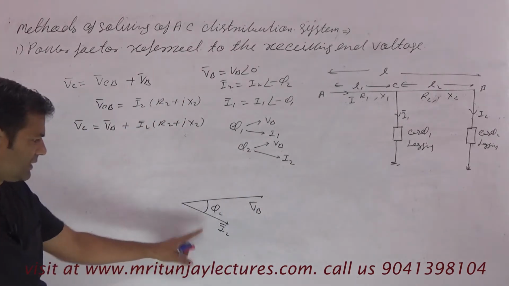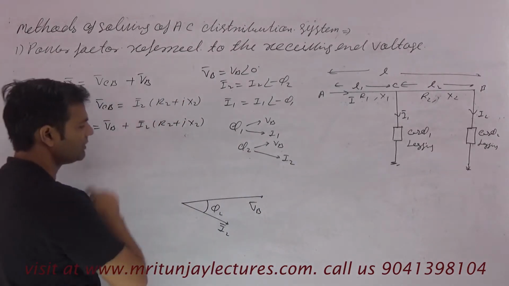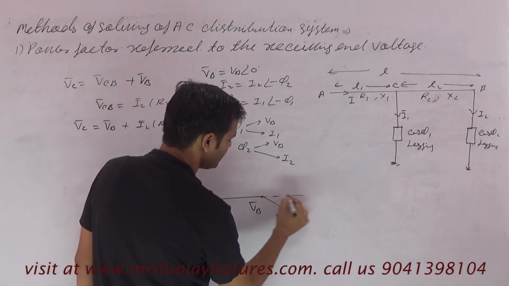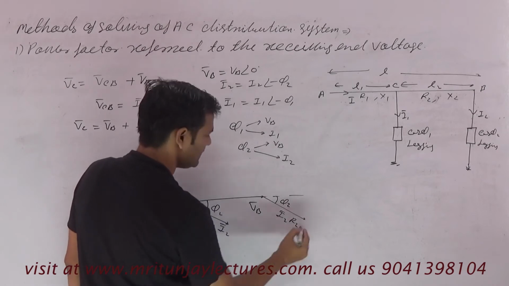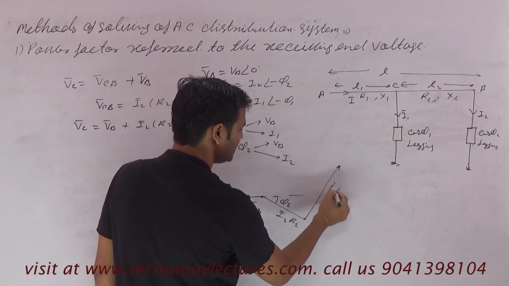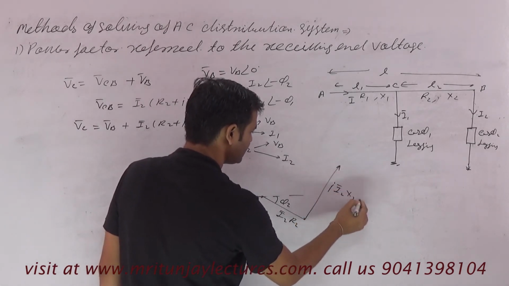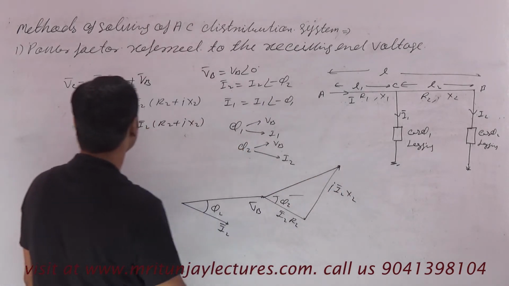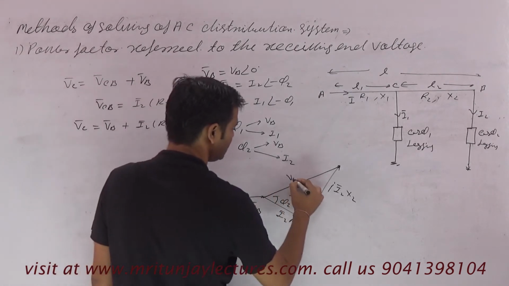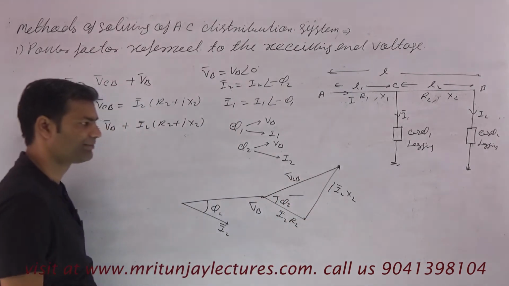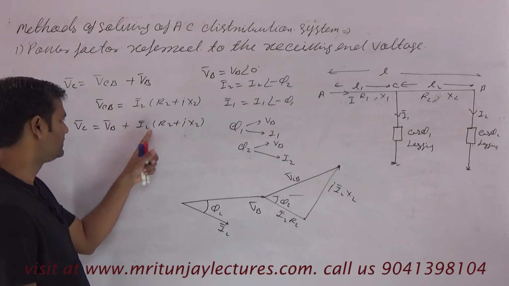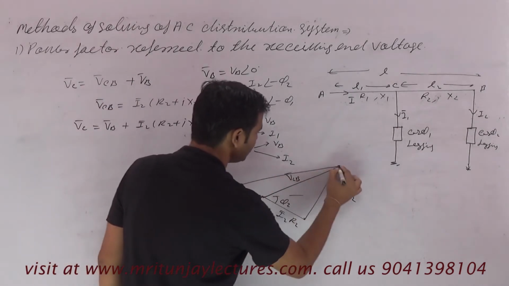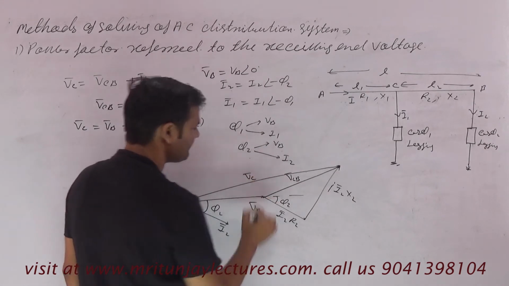Clear? So I2 into R2, that is at phi 2, and this one is j I2 into X2. This voltage is called VCB. Okay, this voltage and this voltage is called VC. So if you want to make VC, that is VC.